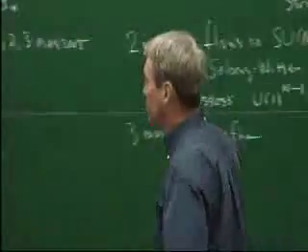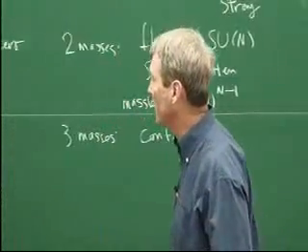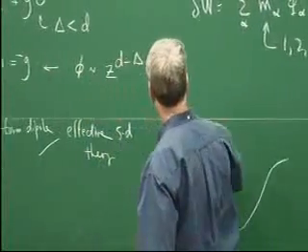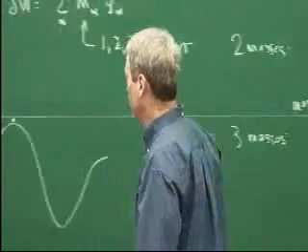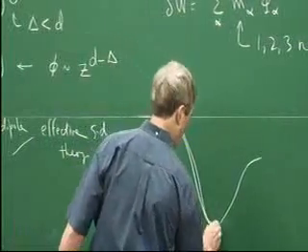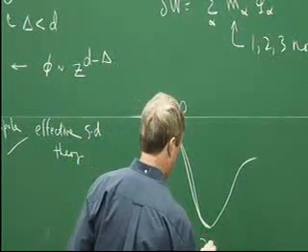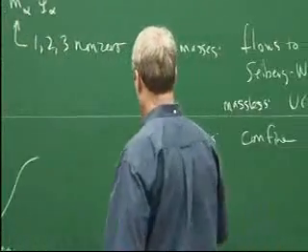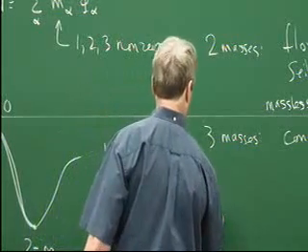In fact, we know we're in this situation because if you go back to the m squared equals delta times delta minus d dictionary, being relevant, that is delta less than d, exactly means being tachyonic in the supergravity, and you can kind of guess what happens. There's some solution where the field rolls. So here's its value at the boundary. Here's its value at the horizon. Here's z equals 0, here's z equals infinity.